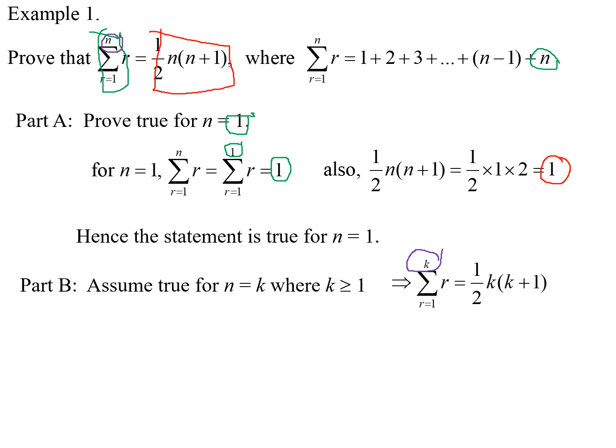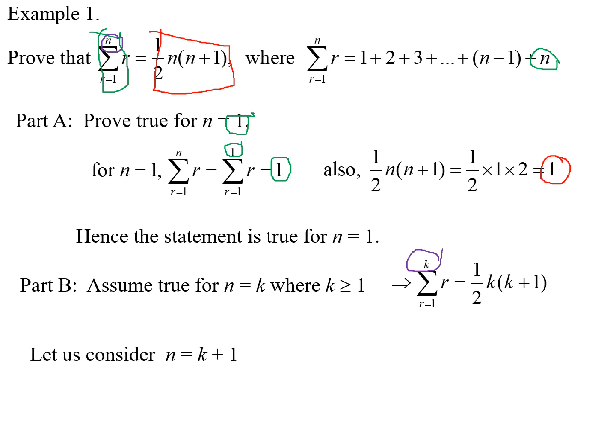So the sum of r from 1 to k equals half times k times k plus 1, as we are substituting n as k. This is just an assumption, so you leave it like that and assume it's always true for n equals k. And this is useful in part C of the solution.